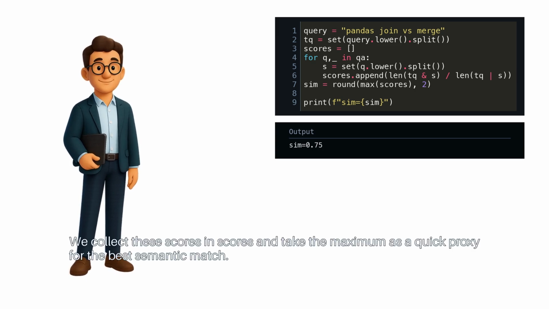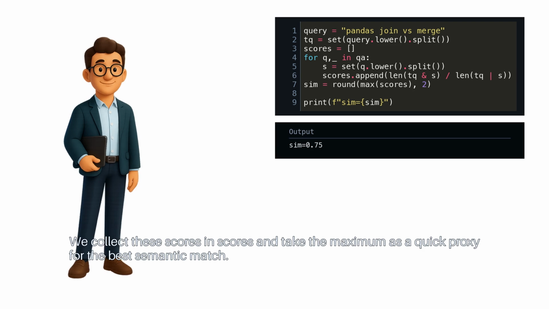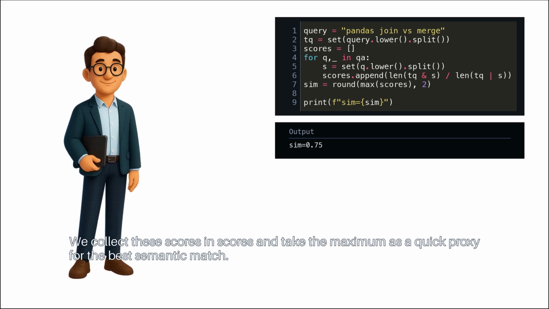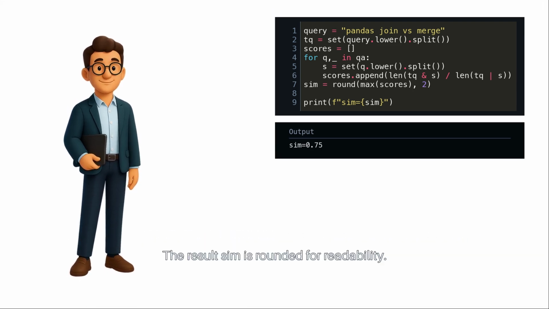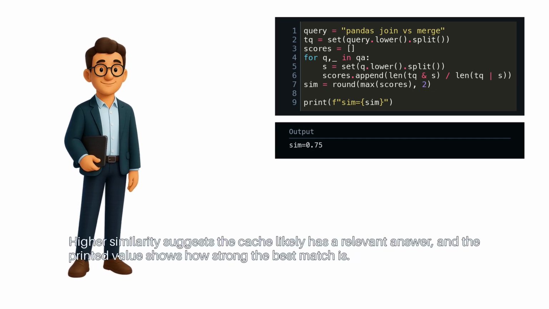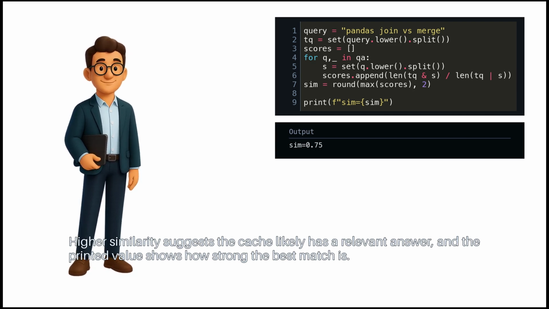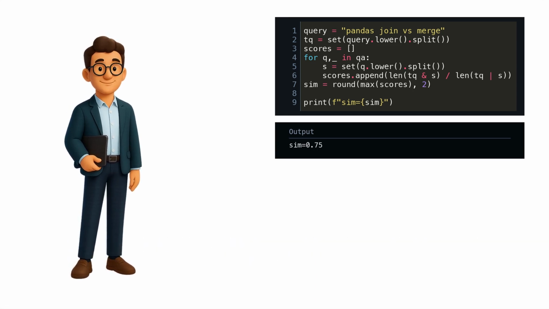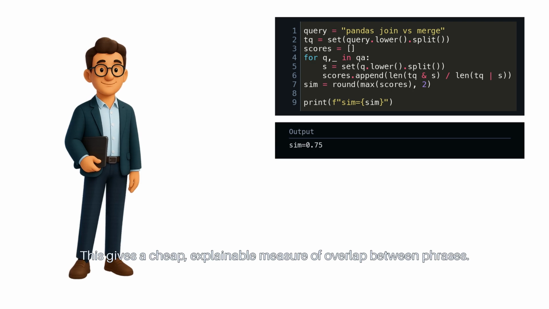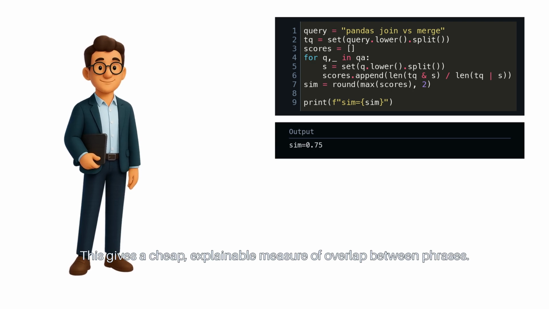We collect these scores in scores and take the maximum as a quick proxy for the best semantic match. The result sim is rounded for readability. Higher similarity suggests the cache likely has a relevant answer, and the printed value shows how strong the best match is. This gives a cheap, explainable measure of overlap between phrases.